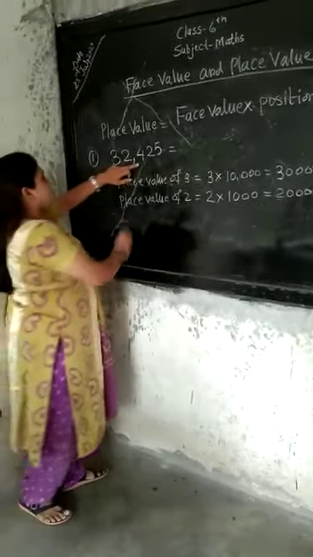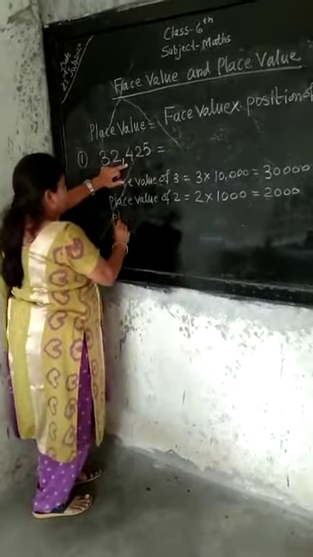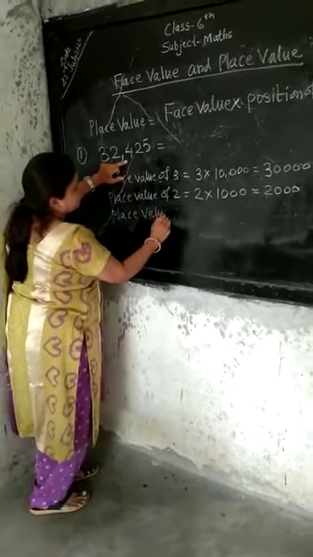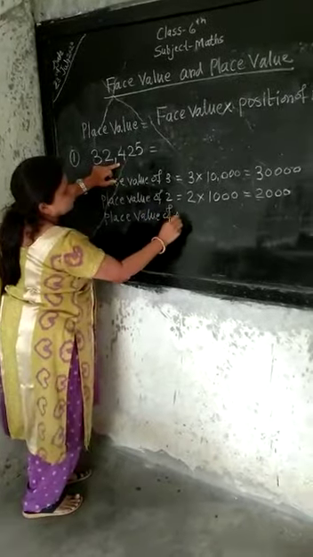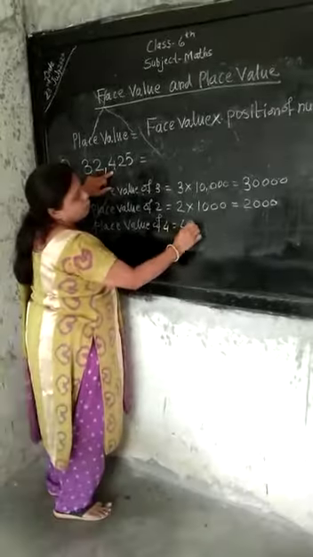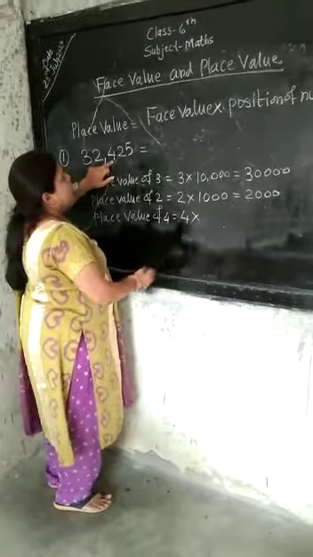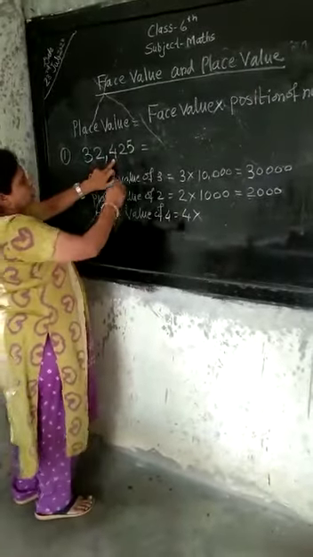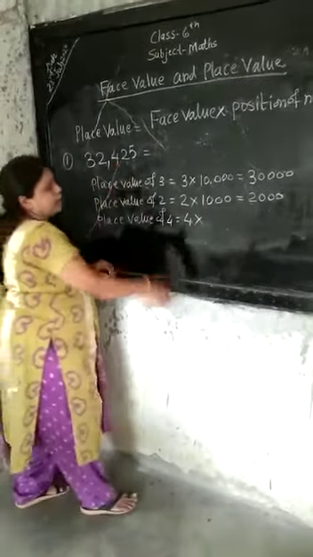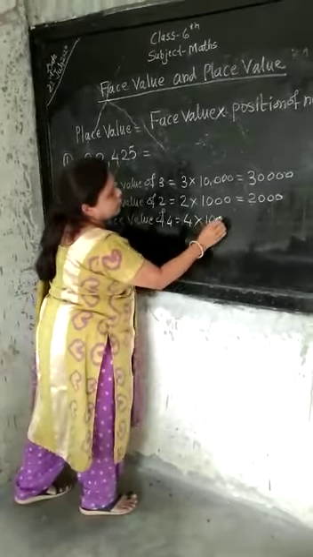What is the place value of 4? The face value of 4 is 4, multiplied by its position: ones, tens, 100. We multiply it by 100.